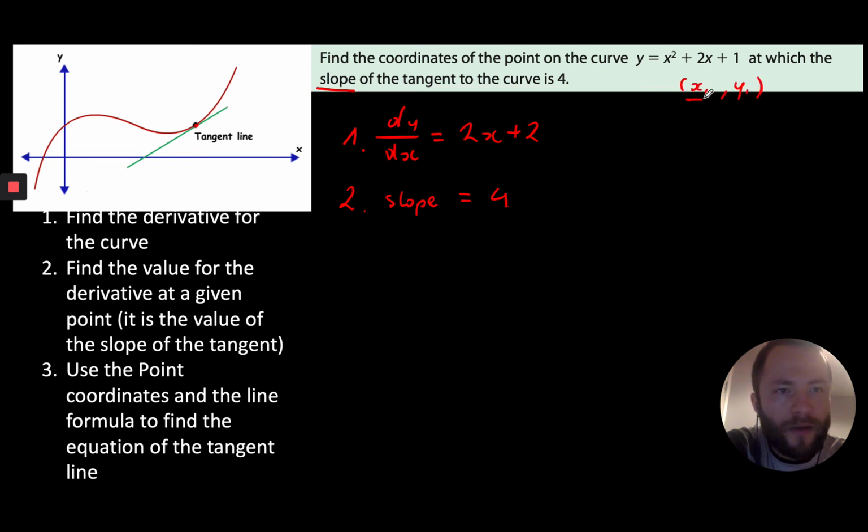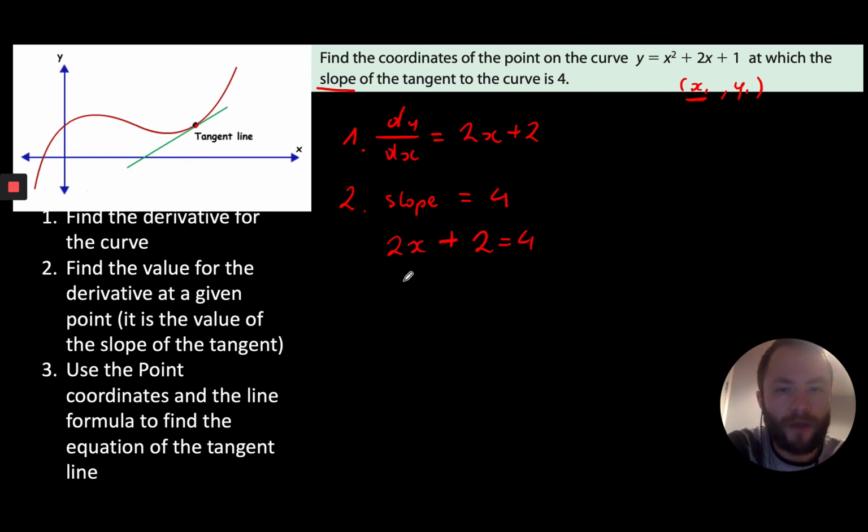And I'm trying to find for what x the value of the slope is equal to 4. So I know that the derivative tells me what the slope is at a given point. So let's say 2x plus 2 equals 4. For some x number, the value of the slope will be equal to 4.